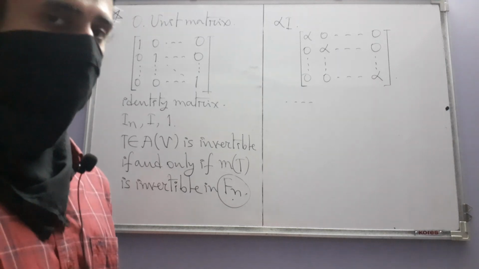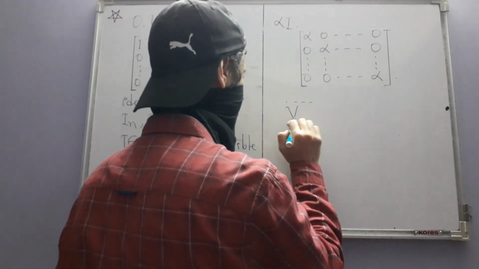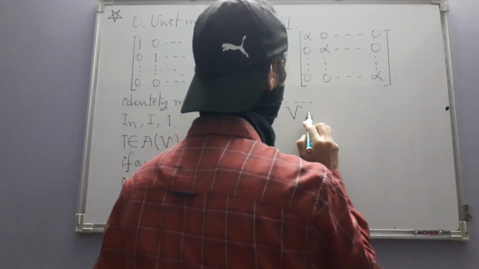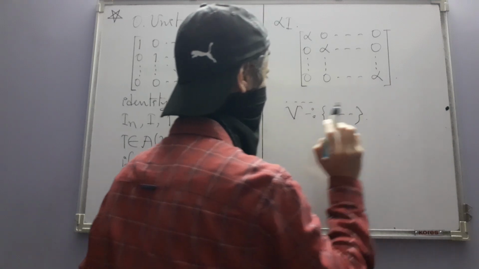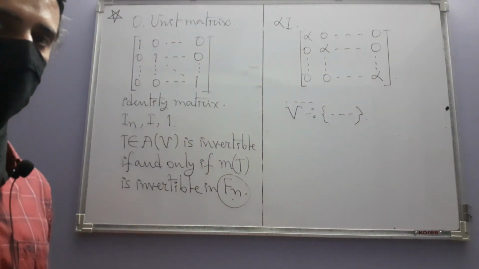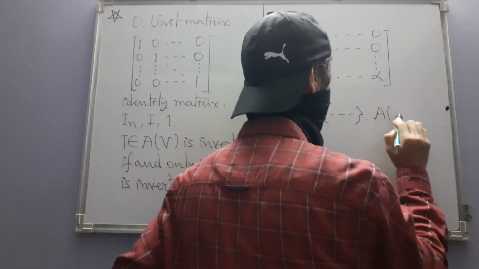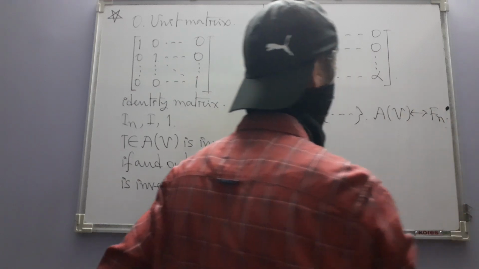But what happens if you change your basis? Say you have an n-dimensional vector space. You have chosen a basis for it. And that basis has given you an algebra isomorphism between A(V) and Fn.